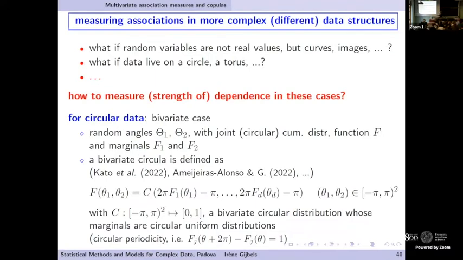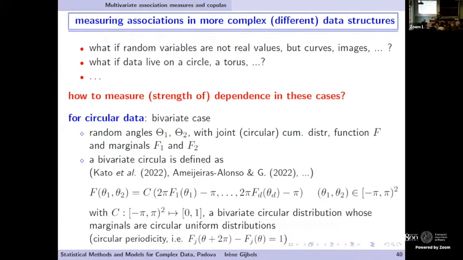There is something which is called a circula, which is like the copula version for circular data. A paper just appeared where you find some information on that. Essentially, the joint distribution function of the two angles is coupled by this circula, where you have to properly get to your transformed marginals.